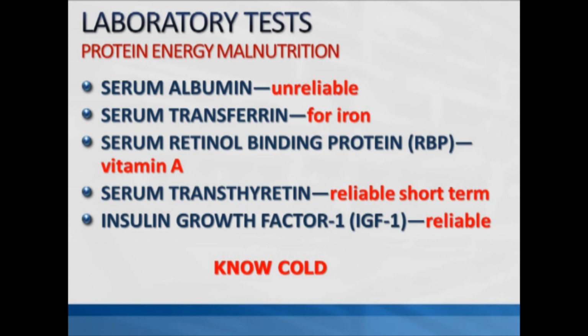The other thing is that serum retinol binding protein is an indicator both of vitamin A status and of protein status. In a state of protein malnutrition specifically, with adequate vitamin A status, we see a fall in retinol binding protein.